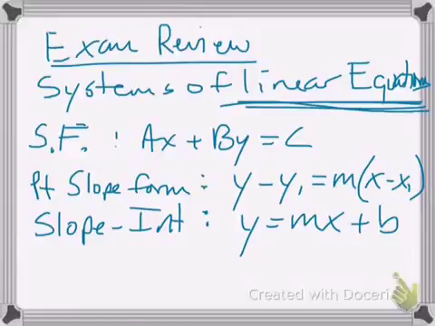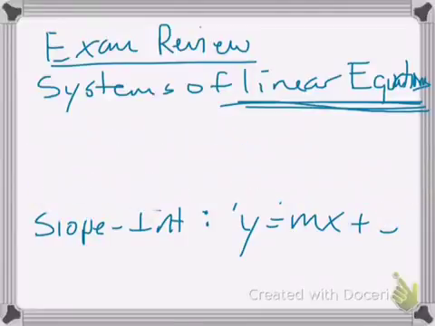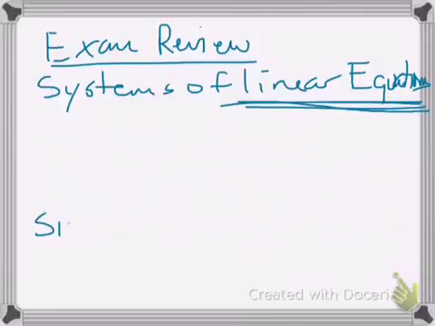A system of linear equations is two or more linear equations, right? Now, what is the solution of a system of linear equations? A system of linear equations has a solution that is a point, right?